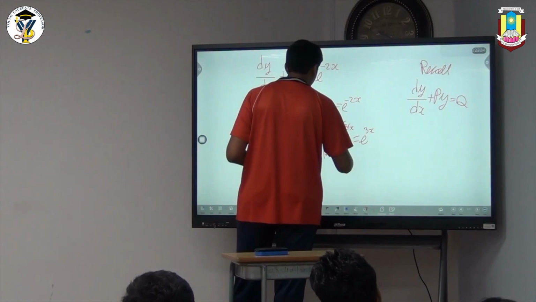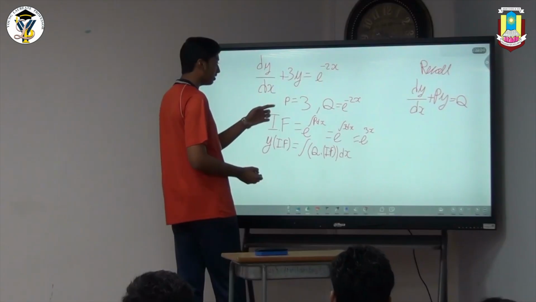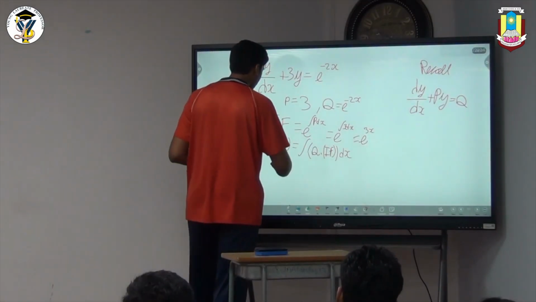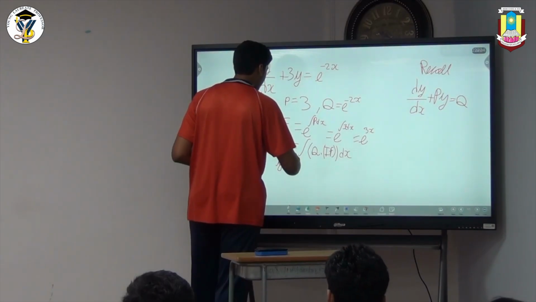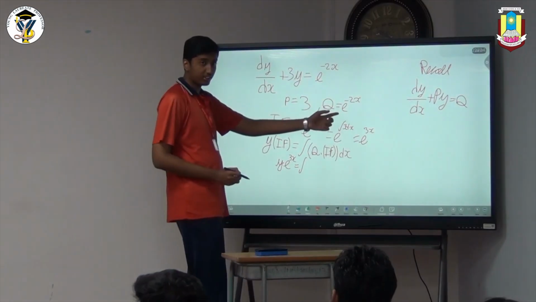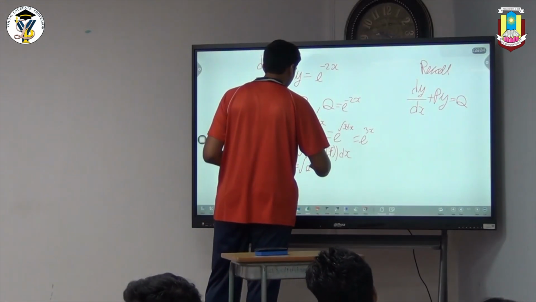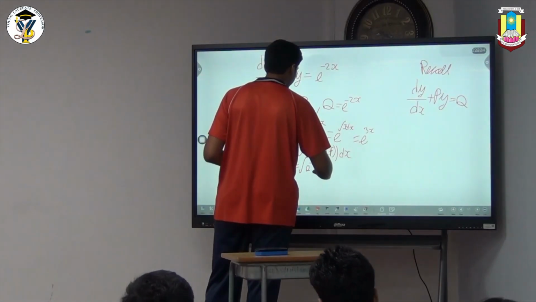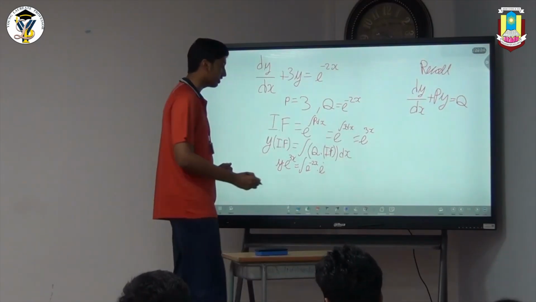Now substituting the values, y multiplied by e raised to 3x is equal to the integral of q, we have e raised to minus 2x, multiplied by the integrating factor, we have e raised to 3x.